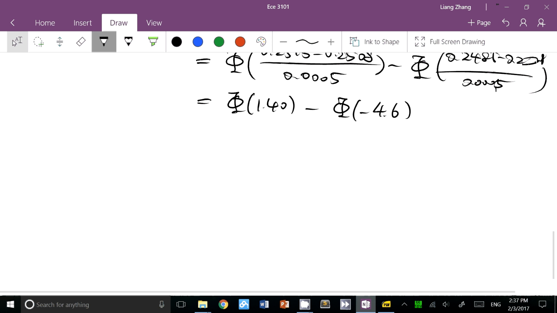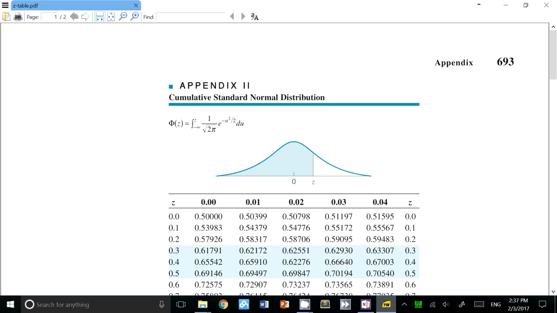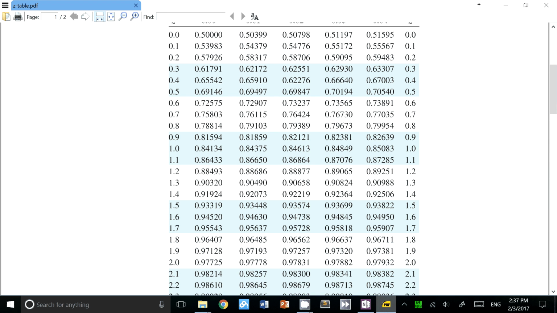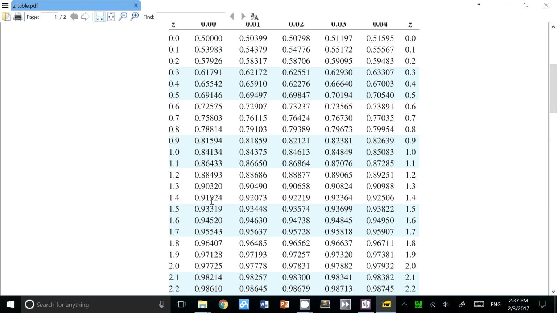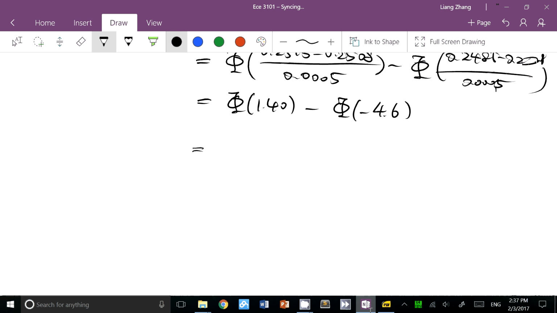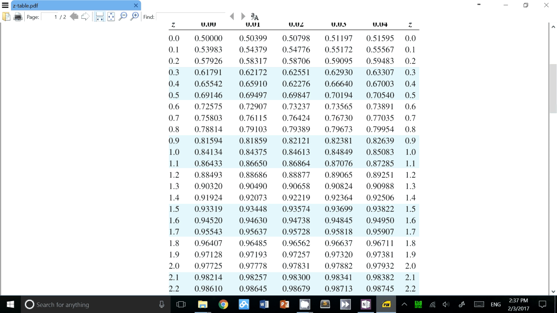Now last time in class we discussed that for the first term we just have to go back to the table and find 1.40, which is 0.91924. So it'll be 0.91924 minus, now for the second part, the table doesn't have any negative number.